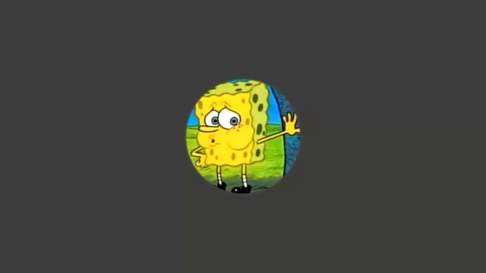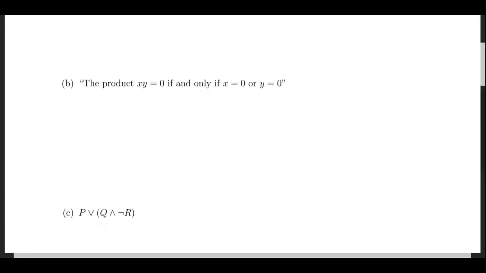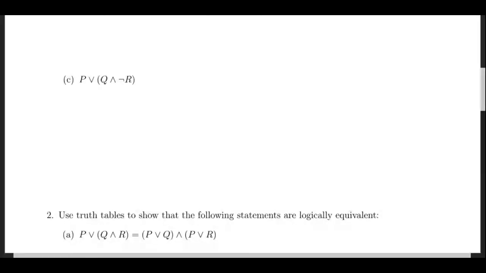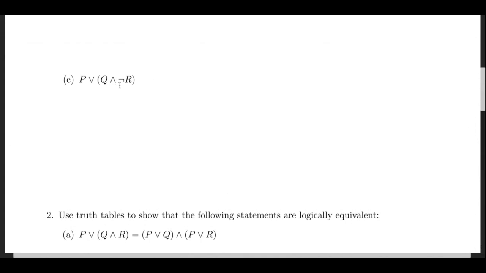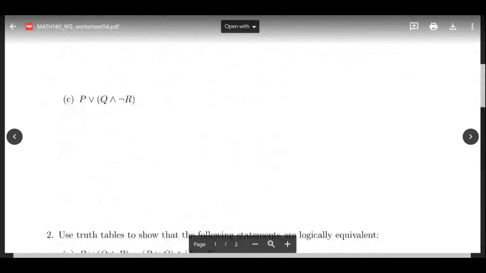Okay, anyone wants to show the second one? The second one, the product x, y equals 0, if and only if x equals 0 or y equals 0. Actually, we may skip that one. Let's do this one. Let's do C. P or parenthesis Q and not R. So now we have 3 statements.